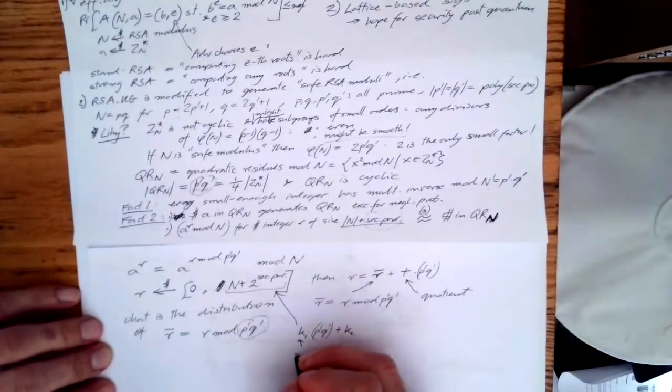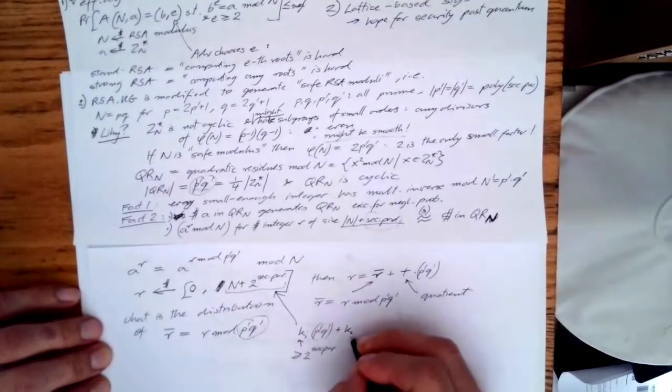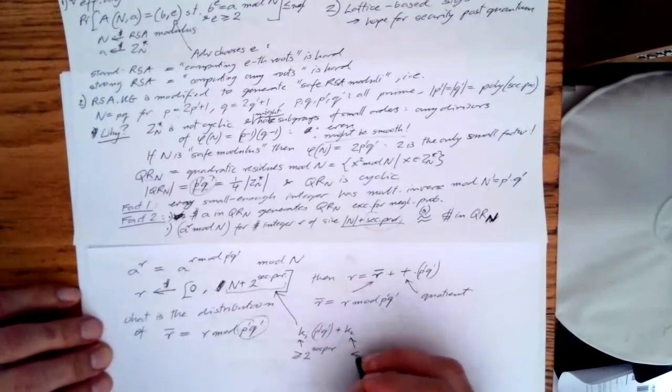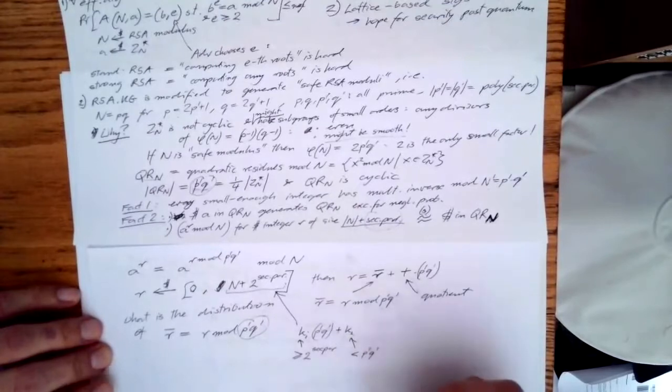This multiple is at least 2 to the security parameter, and this overhang is smaller than p prime q prime.